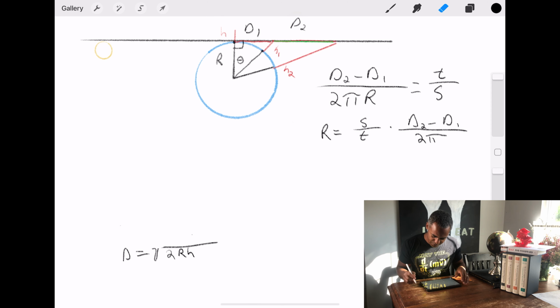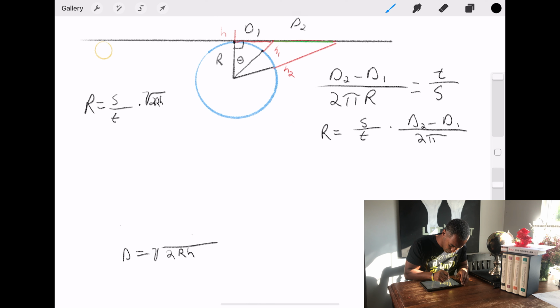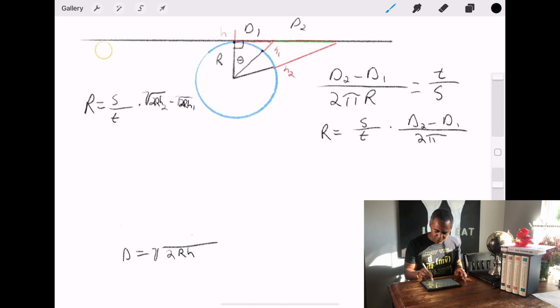Okay, so let's fill this back in. So we have r equal to s over t times the square root of 2rh1, or rather, excuse me, h2. We have to do our higher second measurement first, so that we have a positive number here, and this is all over 2 pi.